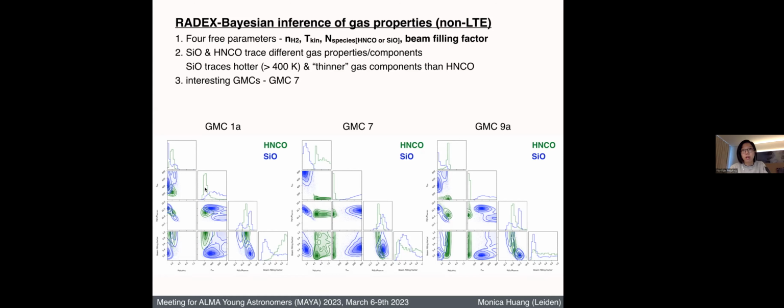So there are coherent properties, something is coming together. What I'm saying here, sorry. This drives us further to chemical modeling to see if we can see something consistent.